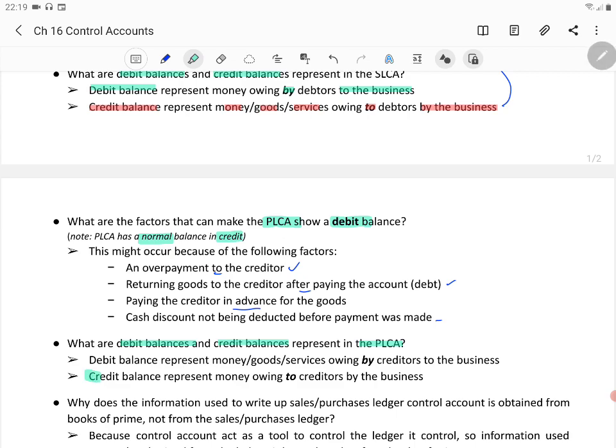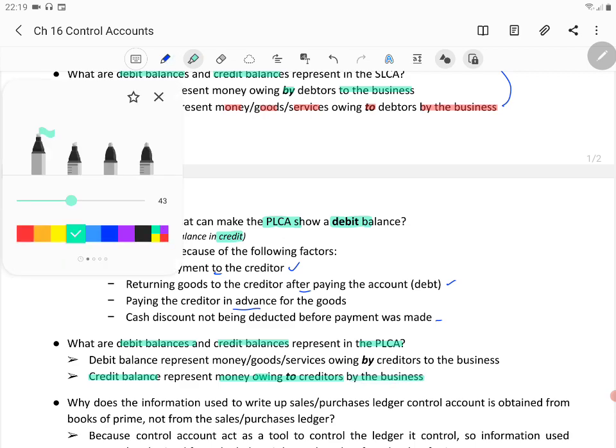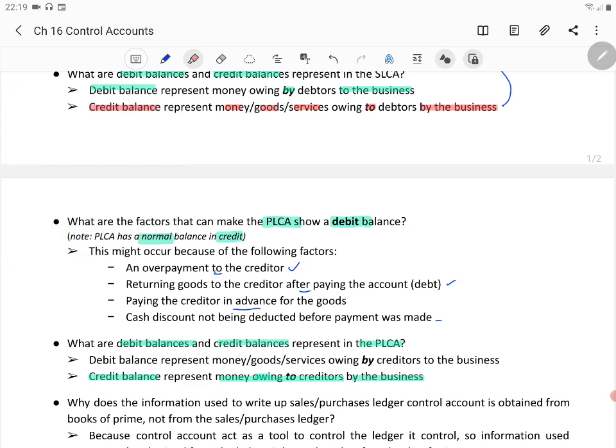A credit balance represents money owing to creditors by the business. Meanwhile, the abnormality is the debit balance. A debit balance represents money or goods or services owing by the creditors to the business.